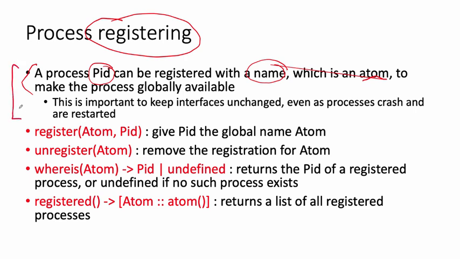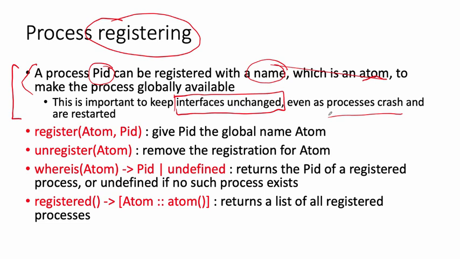It's not just because atoms are easier to use than process IDs. This allows you to keep interfaces unchanged even if processes crash. Maybe an atom is called server1. If server1 represents a process and that process crashes, then a new process can be created to take over the work of the crashed process, and we can register the same name, server1, to that new process.